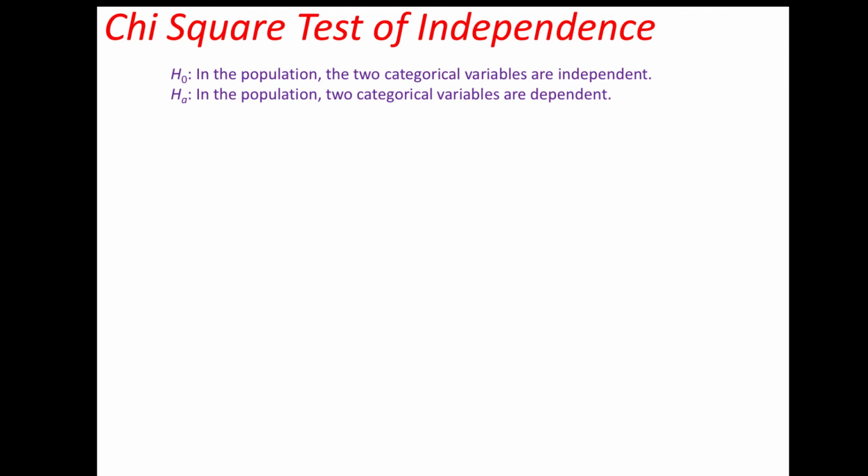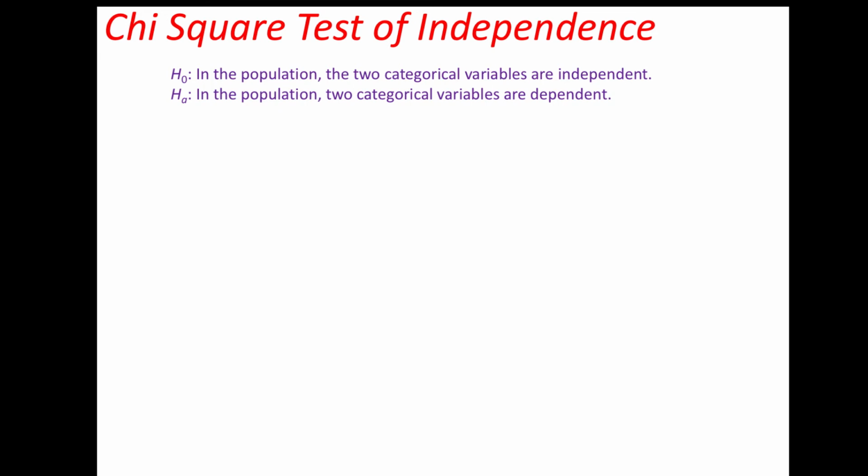Well, the null hypothesis: in the population, the two categorical variables are independent. This goes back to the assumption that until we have sufficient evidence to suggest that they are related or dependent, we must assume that they are not. So the null hypothesis for chi-square is that the two categorical variables are independent of each other. That therefore makes the alternative hypothesis that within the same population, the two categorical variables are dependent on each other.